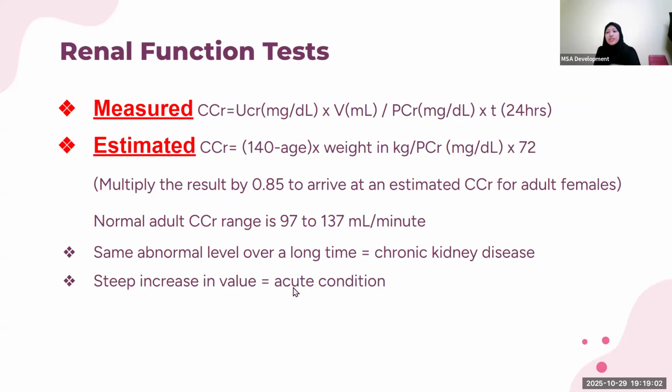It's important to differentiate that. So you have to look at the trend of creatinine clearance instead of one reading, right? But again, estimated creatinine clearance is a very good estimation of GFR, or kidney function.